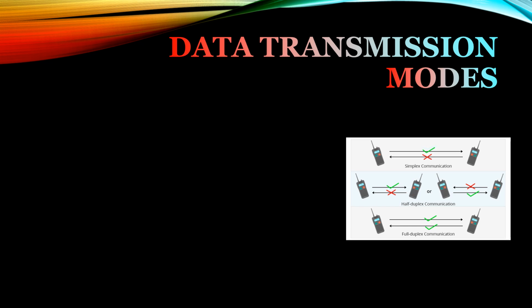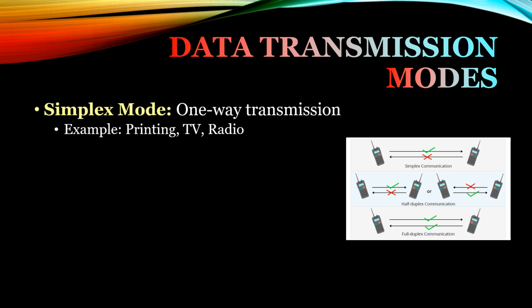Data transmission between a sender and receiver can happen in three different modes. The first is simplex mode, where data travels in one direction only, such as when printing or watching television.